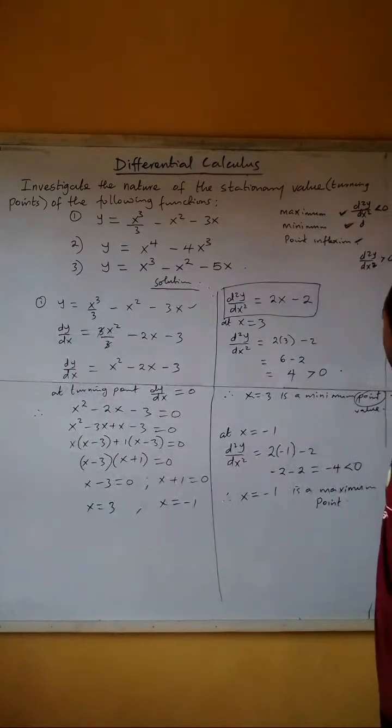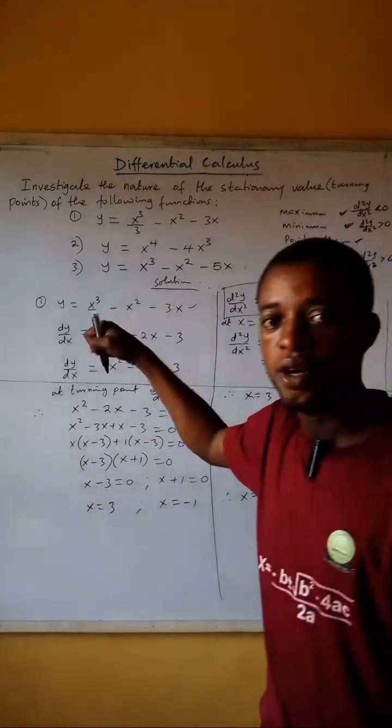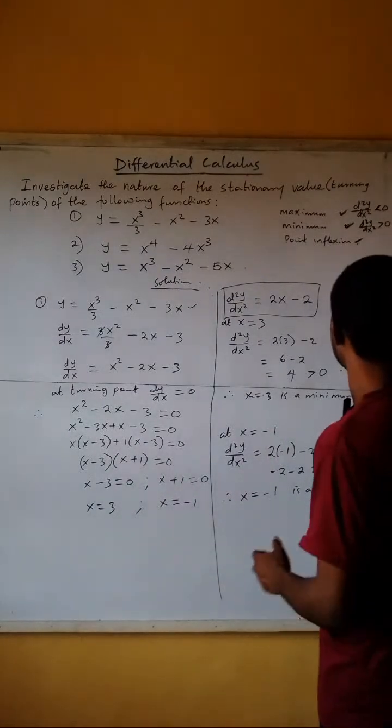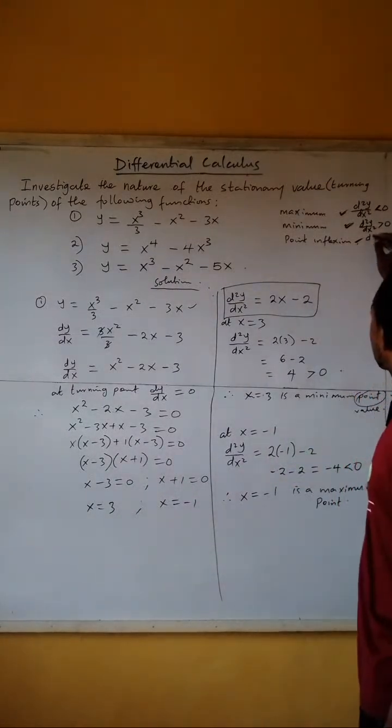If the result is greater than 0, that is d²y/dx² at the turning point is greater than 0, we have a minimum point. Then if it is equal to 0, we have a point of inflection. That is, when d²y/dx² is equal to 0, we have a point of inflection.